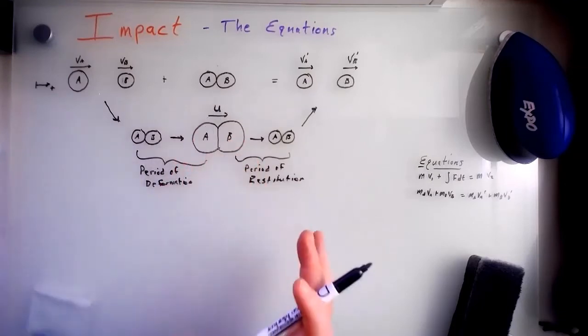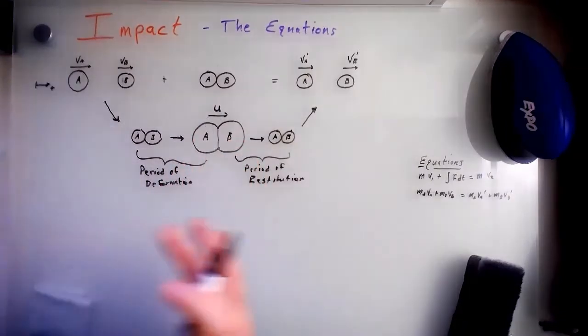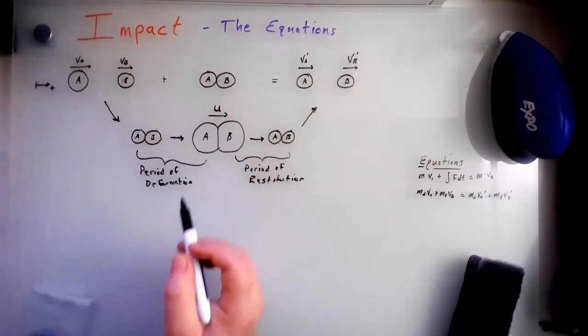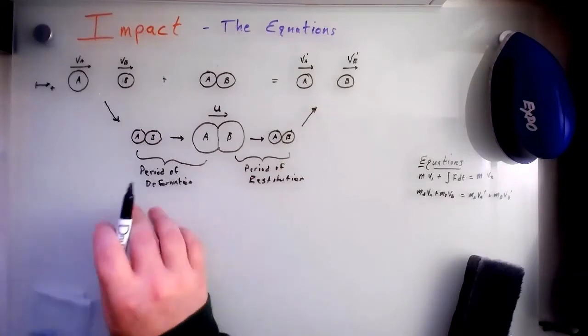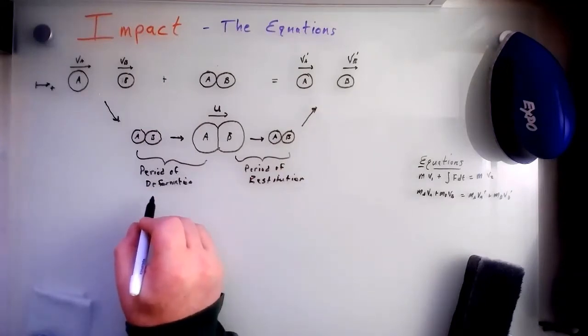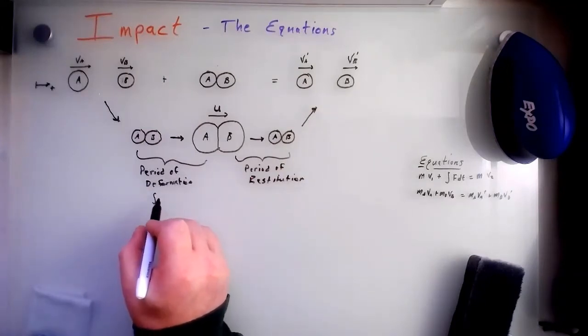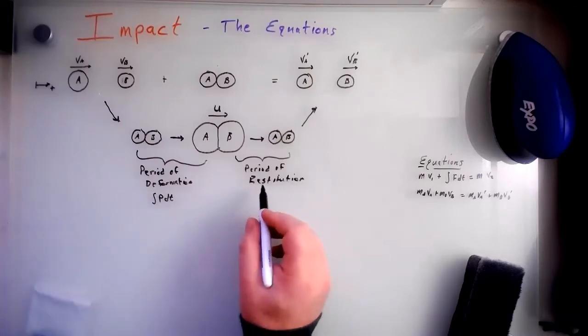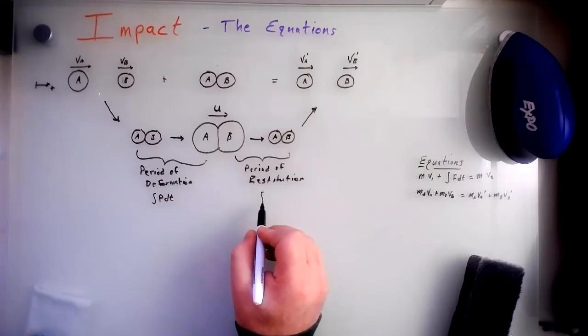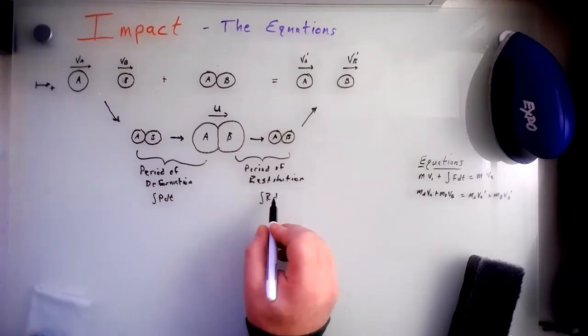Right in the middle, they're hugging, they're traveling together, and then they break apart and their velocities become distinct again. So the period of deformation, we represent as P dt, and the period of restitution, we represent as R dt.